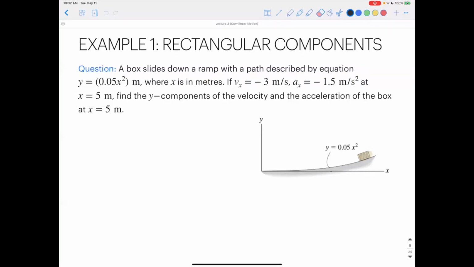So let's begin just by writing down some equations that we know. We're asked to find velocity and acceleration, the y components. So what is the y component of velocity and acceleration? The y component of our velocity, vy, is equal to dy dt, which is y dot.